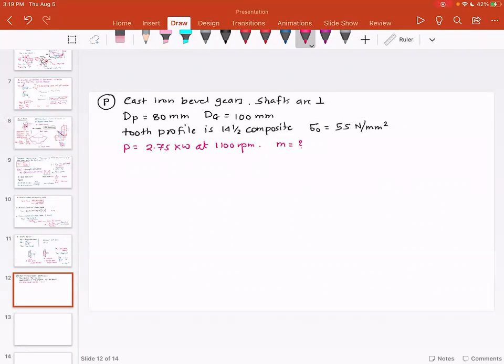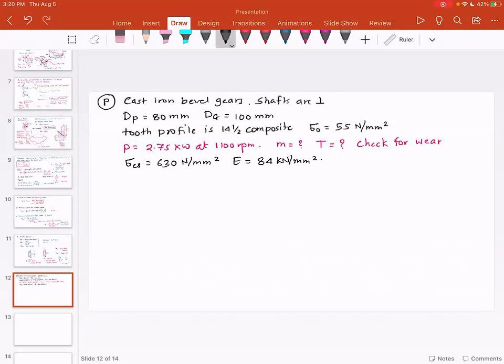We have to find number of teeth, and then we will check for wear. And we would use surface endurance strength as 630 Newton per millimeter square, and the modulus of elasticity 84 kilonewton per millimeter square.